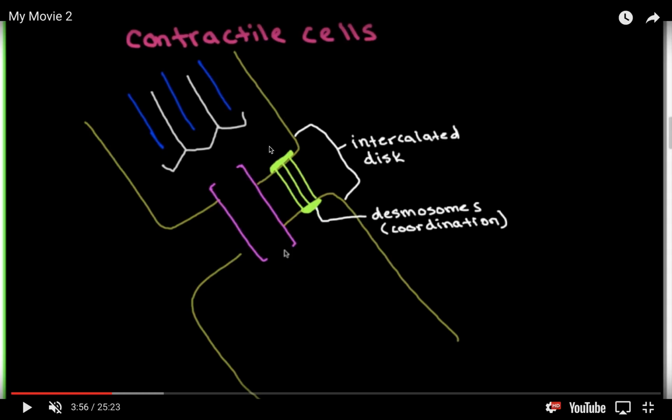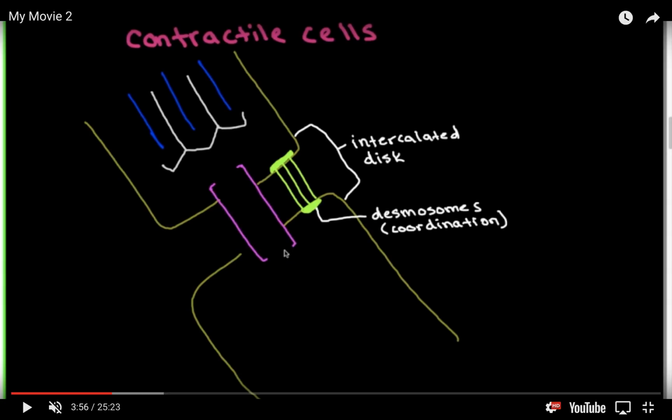If this contractile cell in the heart starts generating force, starts contracting that way, the desmosome is going to ensure that this cell starts being pulled in that direction as well. What we're going to see is that this allows for really good coordination between when one cell in the heart contracts and the other one begins to contract.